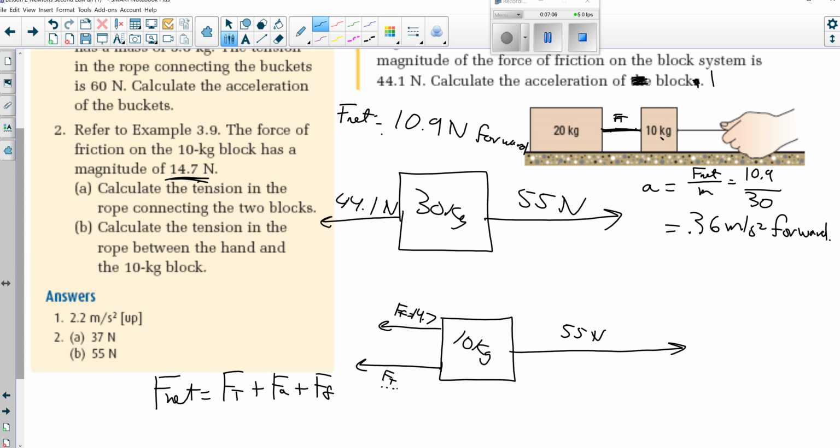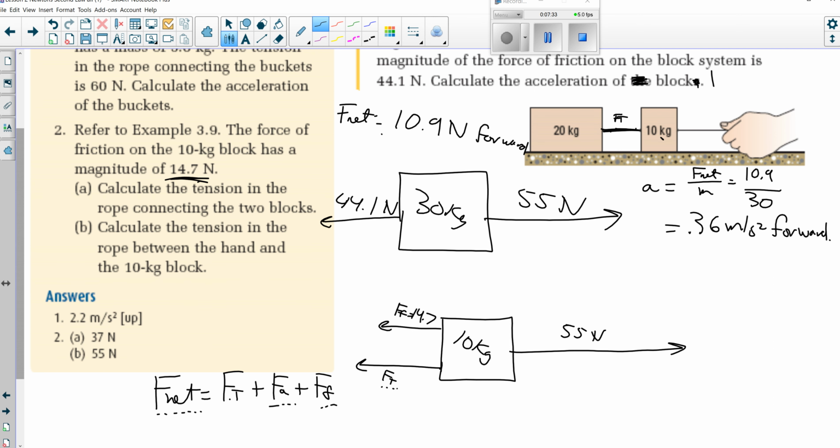I want to, it's the only way I'll be able to get the tension force, but I can't use it yet. So what do I have to find before I can do that? I know this number, I know this number, I'm looking for that number, and I don't know this number. But can I find it? How?